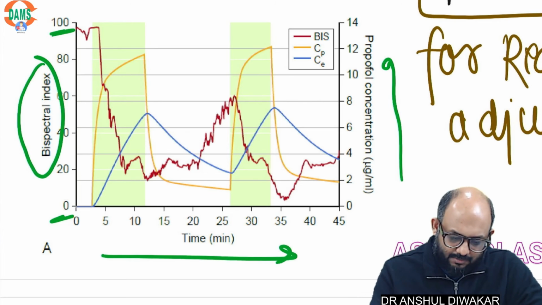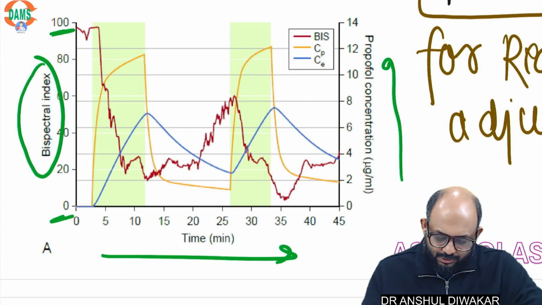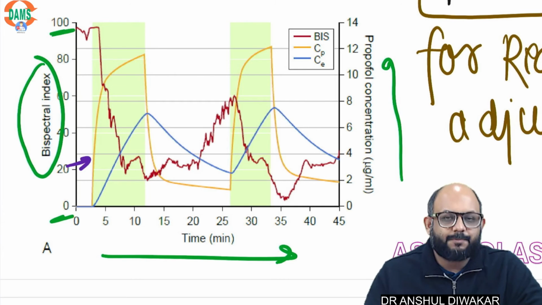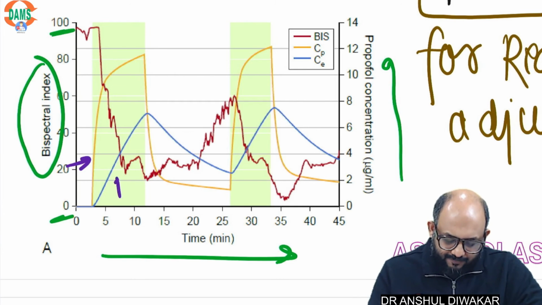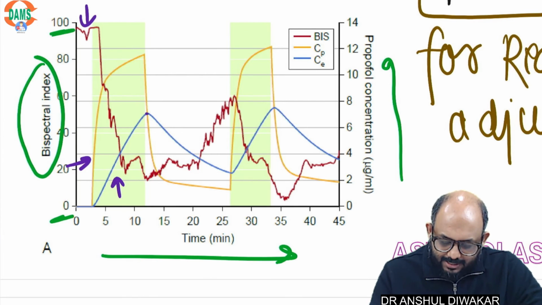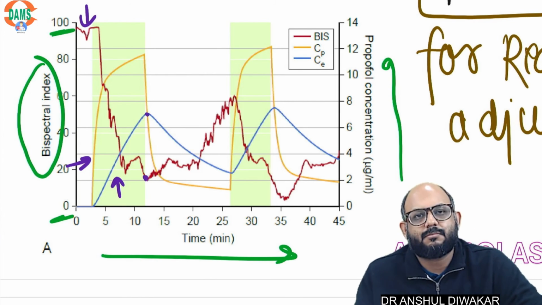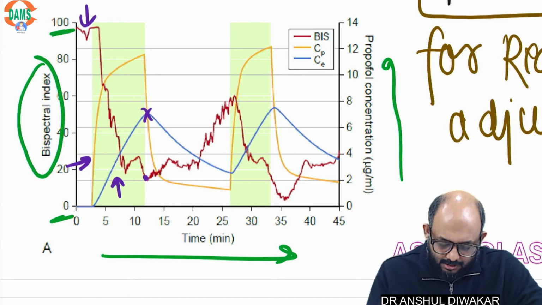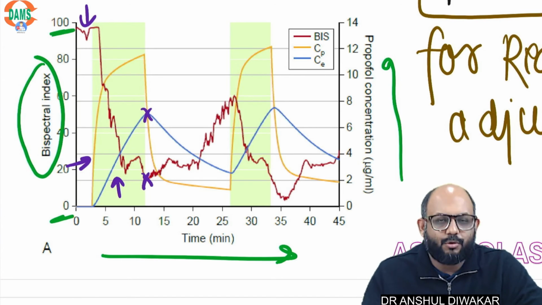Now see what happens. When you start the infusion, what will happen? The drug will rise in plasma and then followed by effect site. When the drug rises in effect site, what happens to the BIS? See, initially BIS was here. When the effect site concentration is highest, the BIS is lowest. Okay? When the drug concentration is highest in the effect site, BIS is lowest.